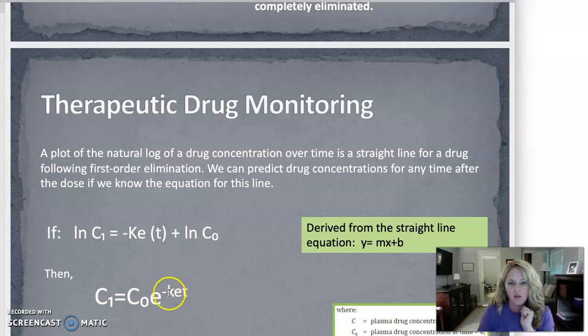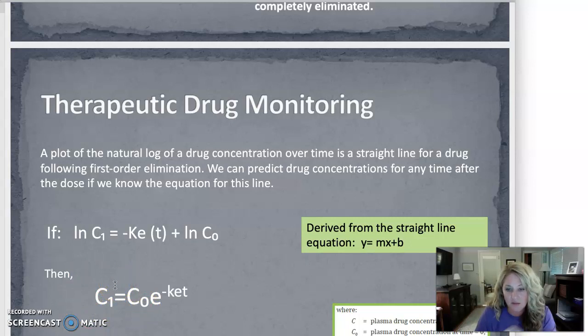So you can use this formula to predict what your next level would be. If you sampled blood and had a level of 15, and you want that level to be 10, and you want to know how long it's going to take to get there, you can substitute in this T value to determine when you get to that concentration of 10.